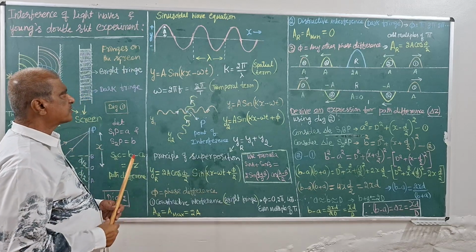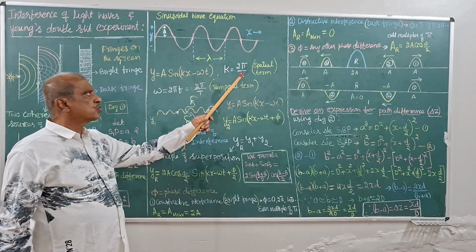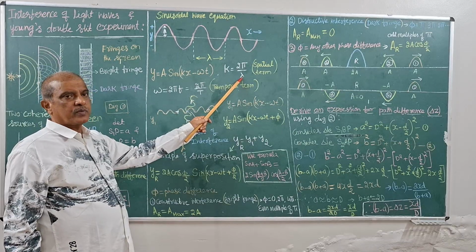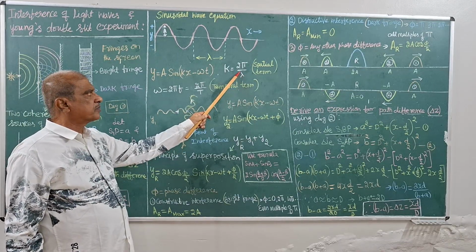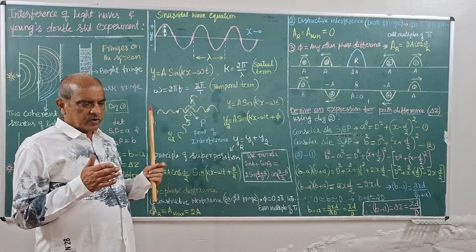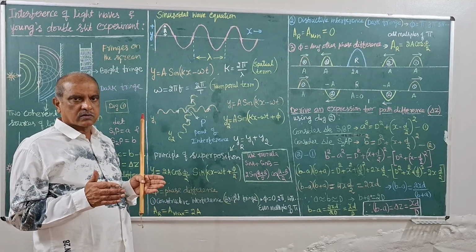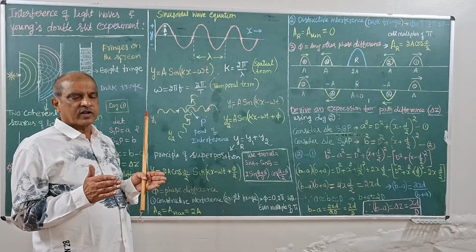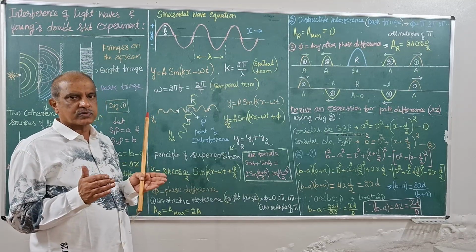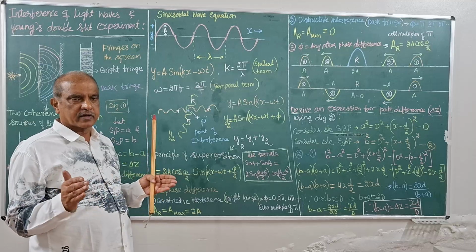What does k stand for? k is 2 pi by lambda. This is the wave number. The term represents the wave number. It says how many waves are packed in 1 unit of length. So it represents the packing of waves, close packing or loose packing.